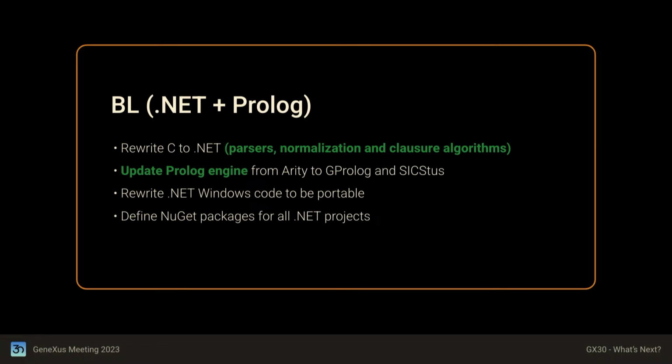To continue, we changed the way in which we packaged GeneXus. Instead of having a setup that organizes everything in a directory, we used NuGet packages, which is the way in which .NET creates the packages. And this helps us create the GeneXus system so that it can run.